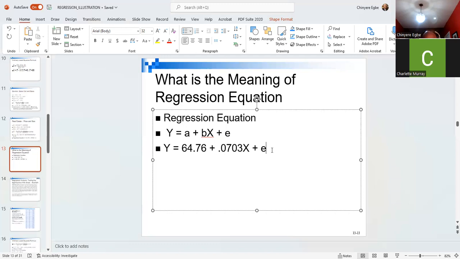If you multiply 0.0703 by 1,000, since the numbers there are in thousands, that will give you $70. Does it make sense? Yeah, it makes sense.